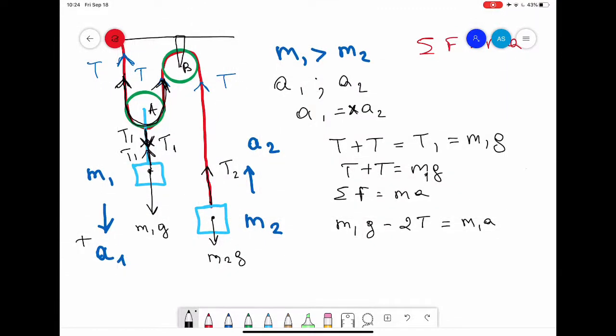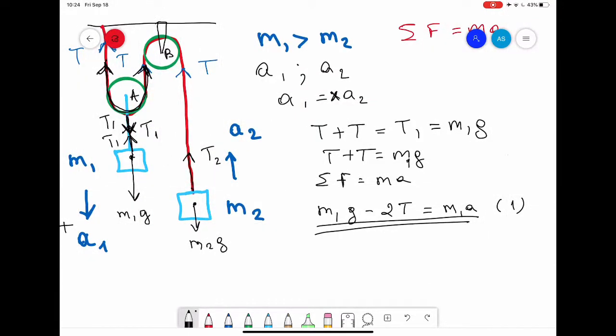Let's just highlight it. What about the second mass? For the second mass, as you can see here, we have this tension, right? That tension is actually equal to M2G. If the direction of the acceleration is positive, then tension minus M2G is equal to M2A2.